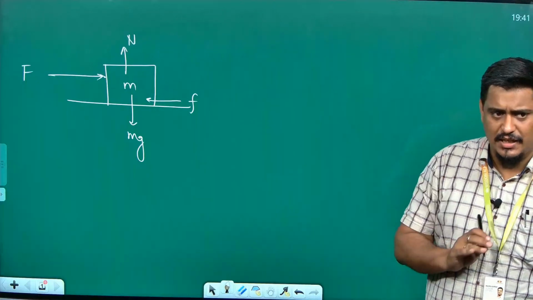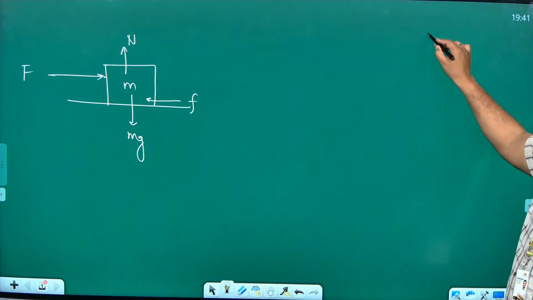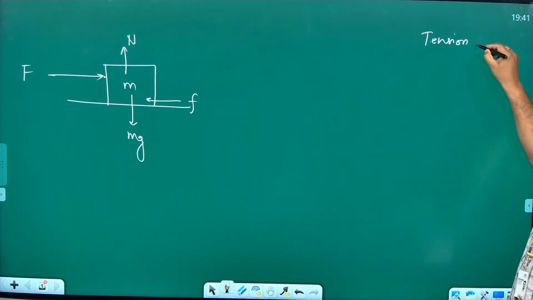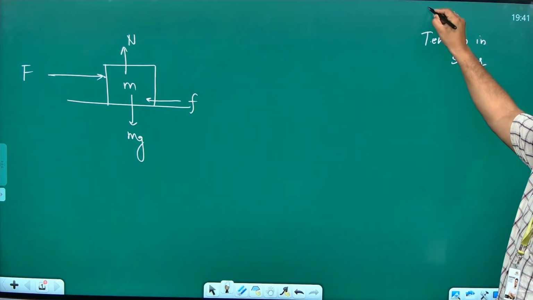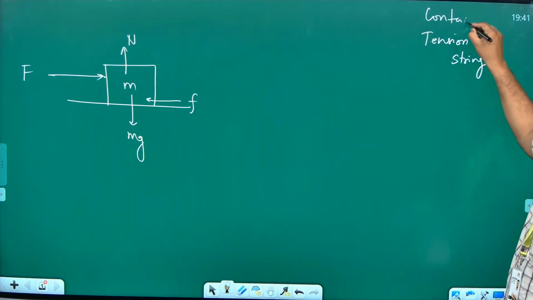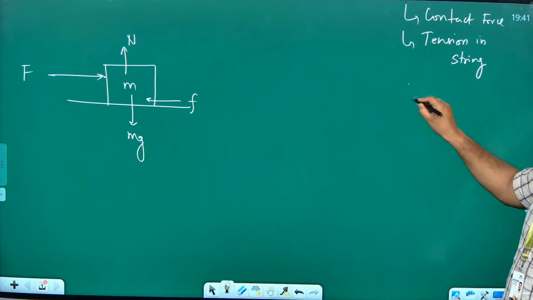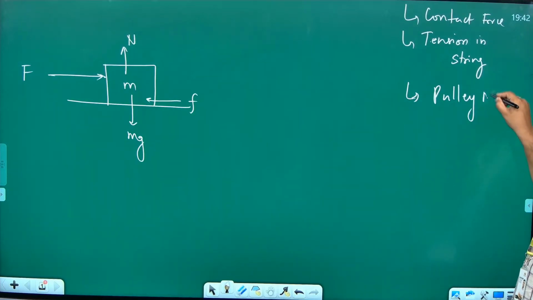So, today my agenda is to talk to you in detail about some things which are tension in string. I am going to talk about contact forces. I am going to talk about pulley mechanisms, which is the heart of mechanics.